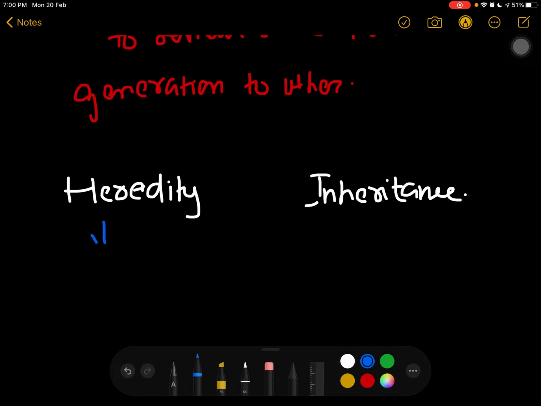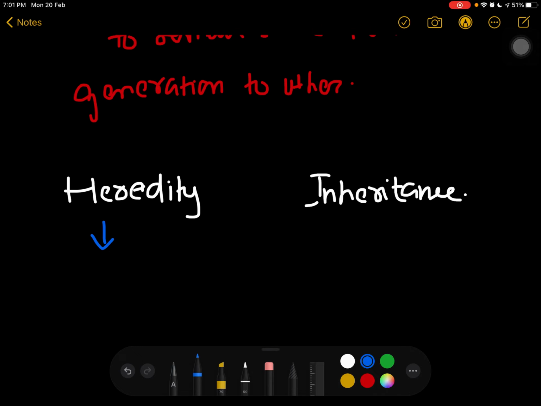Heredity means, for example, your mother has blue eye color and you also have blue eye color, so the particular character is the same in both the parent and the offspring. That is known as heredity.